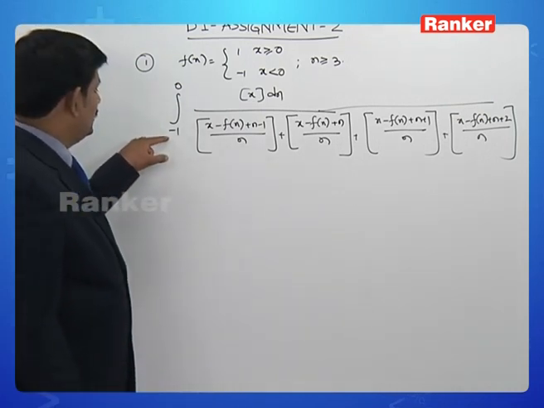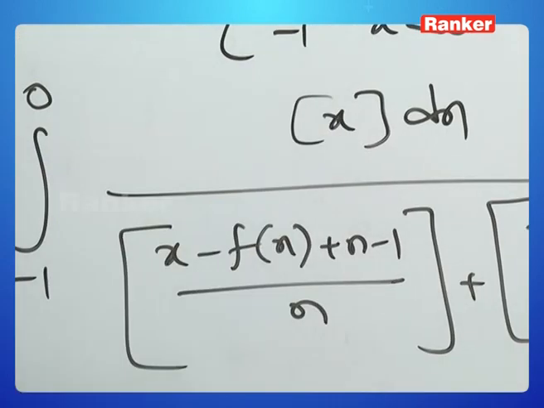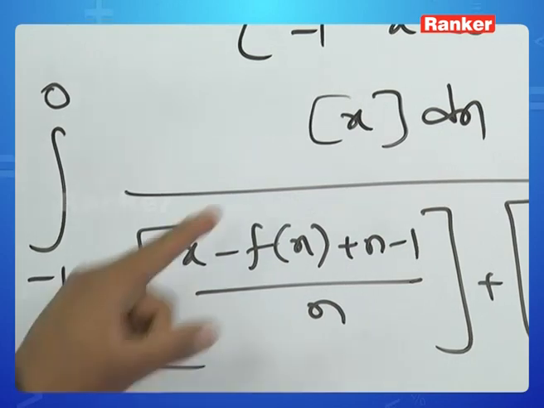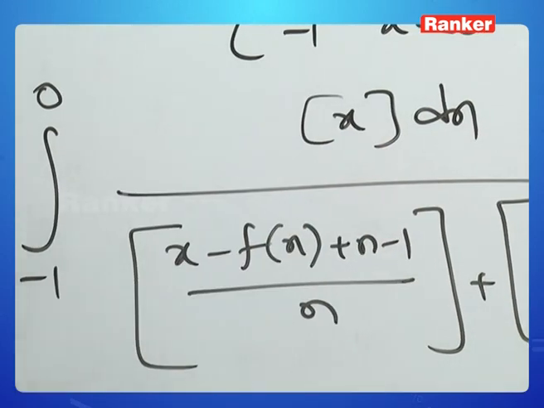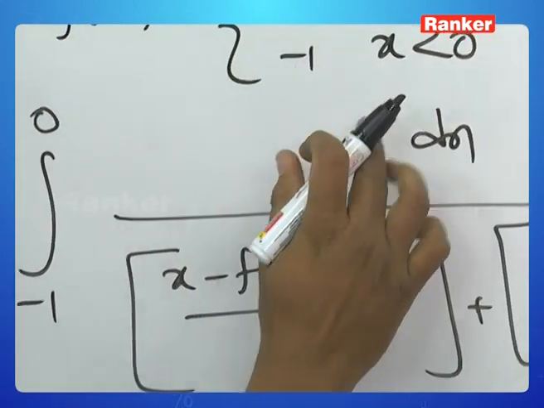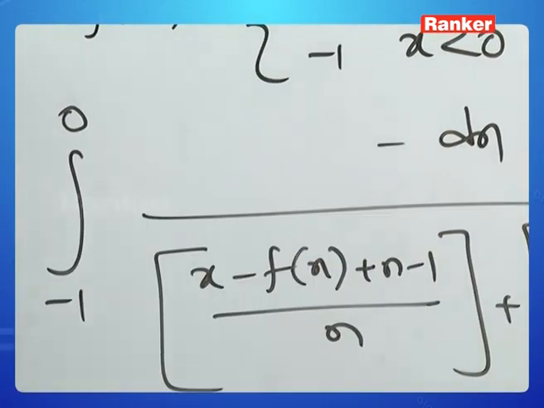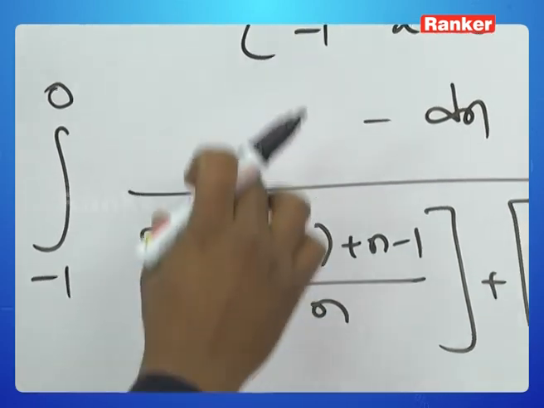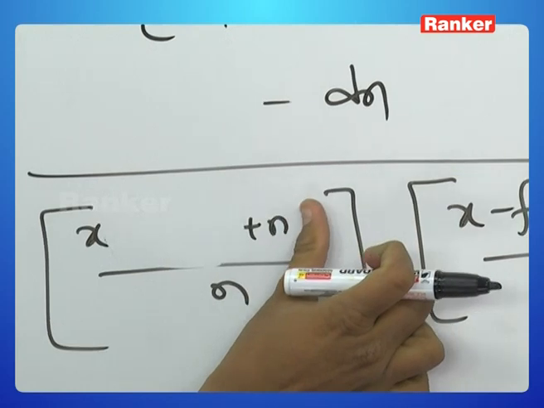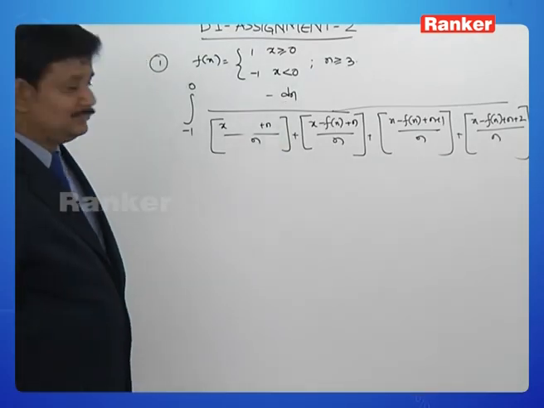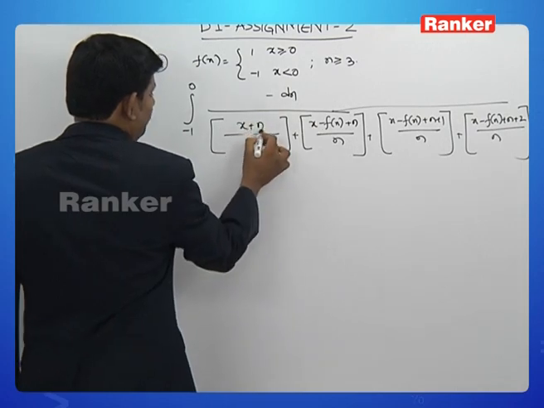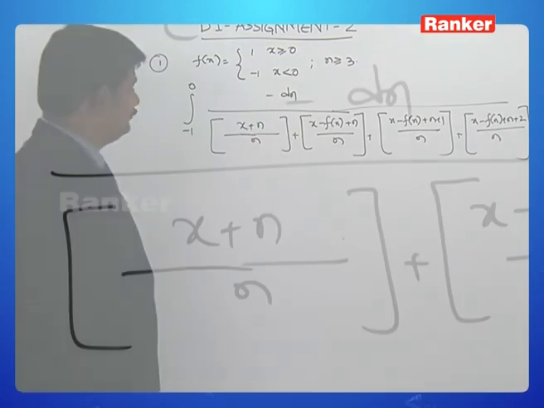So, we have to evaluate integral minus 1 to 0 integral part of x divided by this quantity. What is f of x? It is minus 1, and integral part of x, because x lies between minus 1 and 0, is minus 1. So, integral part of x can be replaced by minus 1. F of x is minus 1, so minus f of x will be plus 1. Plus 1 minus 1 just cancelled. We have integral part of x plus n divided by n.